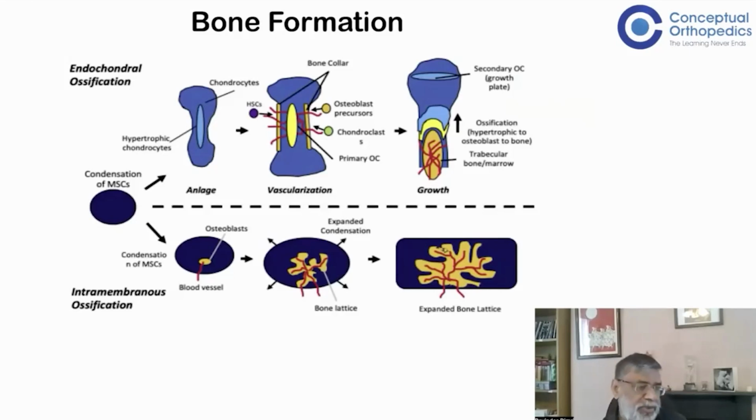Whereas the other way is that this condensation directly changes into bone. And these are the two ways bone is formed. One is called endochondral ossification and one is called intramembranous ossification.